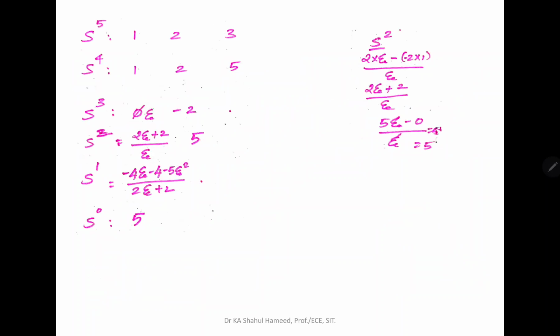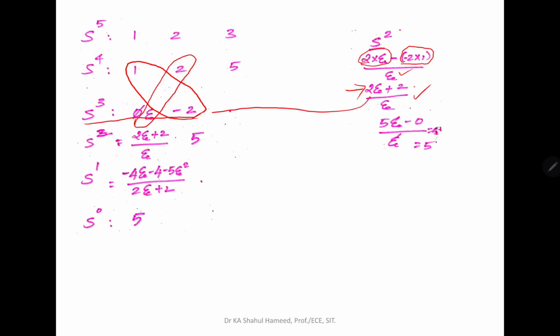So here the third row is done, and we are going to form the fourth row. With the same procedure, we multiply epsilon and 2, minus 2 into 1, divided by epsilon. We get 2 epsilon plus 2 divided by epsilon. This is the first one.